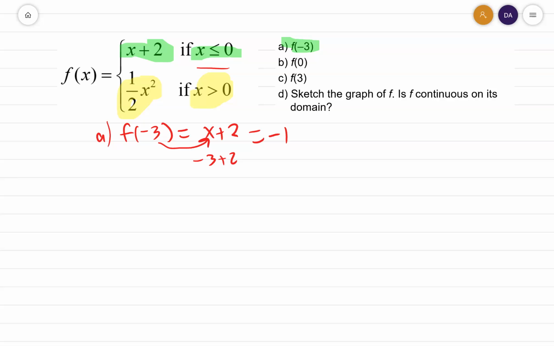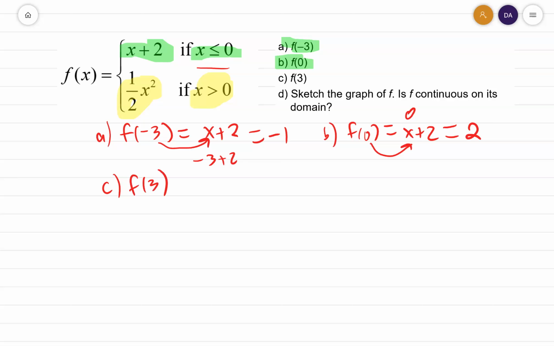Our next one is f of 0. Well, f of 0 includes the less than or equal to, so that is also one of our green rules. So for B, which rule do we use? Again x plus 2. That means 0 plus 2 is 2. On C, we have f of 3.